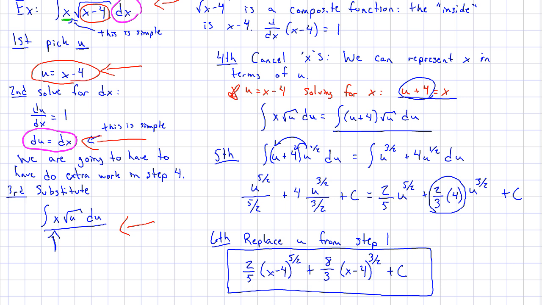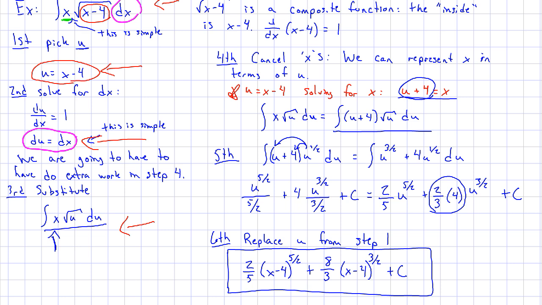So those are the 3 advanced type problems we covered today. So we did the basic type problems, which are pretty straightforward, and they involve composite functions. The first advanced type was when we have no composite, but we do have a function times its own derivative. The next one was when we have multiple composite functions and we have to choose which of them to select for a u.